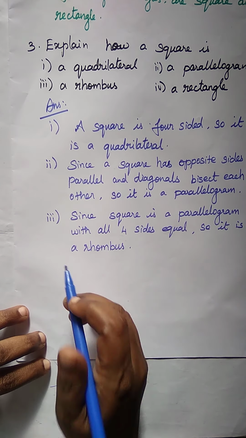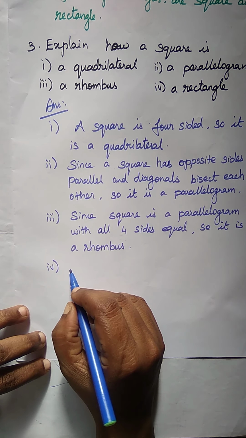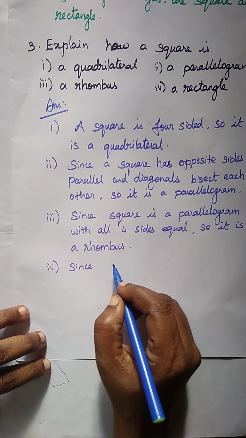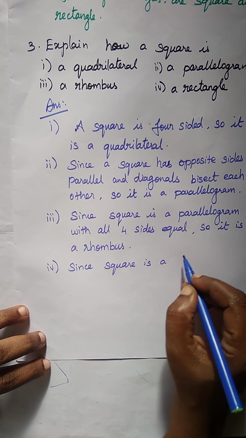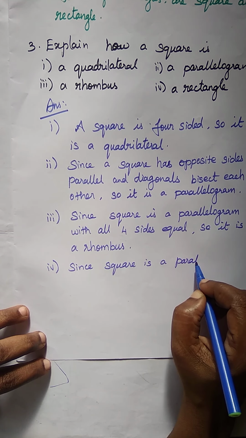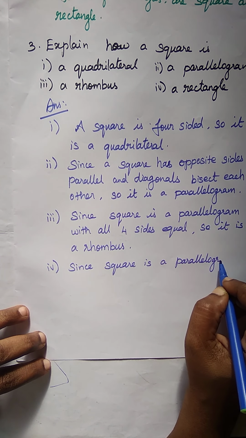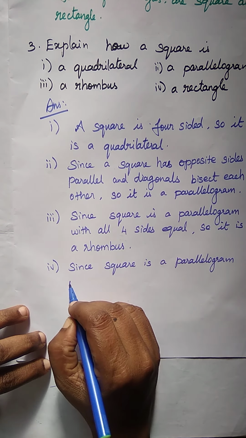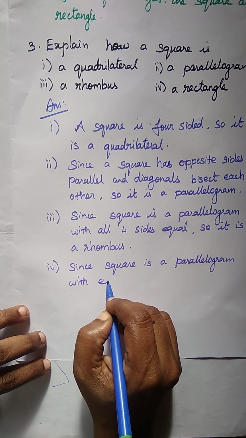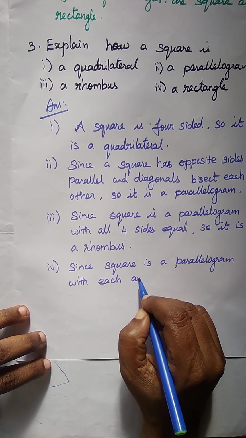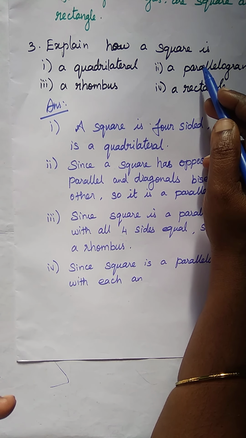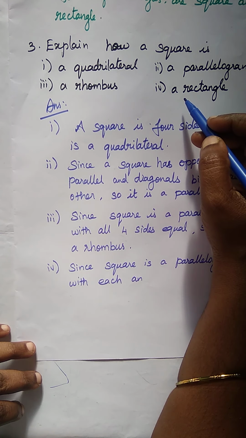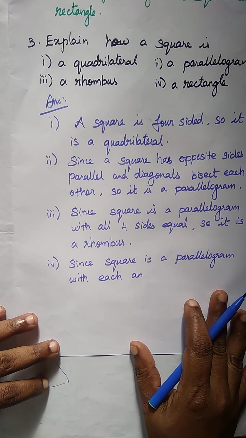Okay. Now fourth subdivision. Since square is a parallelogram with each angle, rectangle பொறுத்த வரைக்கும் all the angles are 90 degrees, so that it is a rectangle அப்படின்னு சொல்லலாம்.